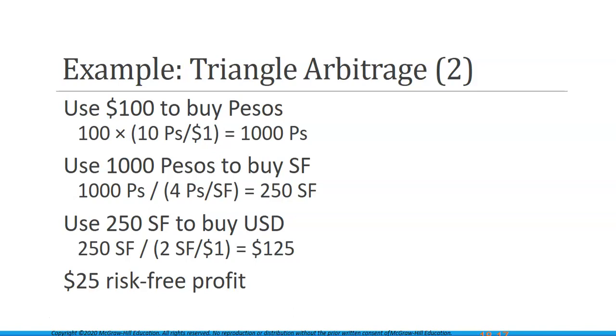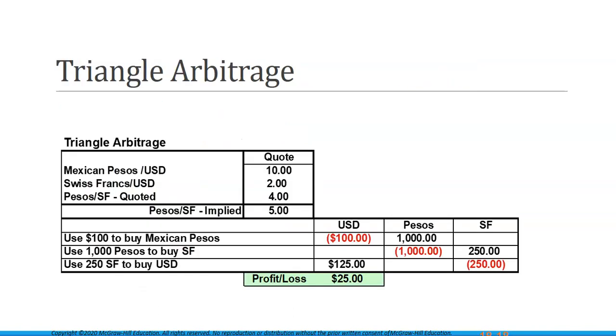We just earned $25 of risk-free profit by taking advantage of those rates. So we can see that example here at the quoted price, the implied, how we moved that money through the three different exchange rates, and we were able to generate a $25 profit.